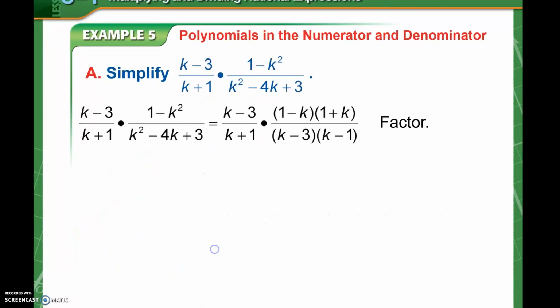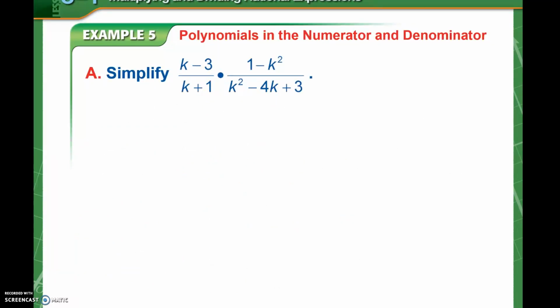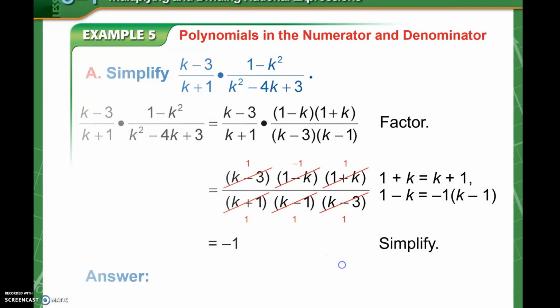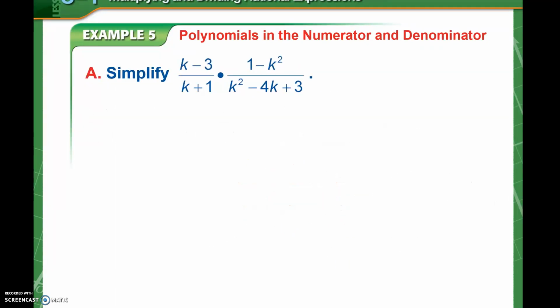So let's look at some polynomials. Same thing. Let's factor everything we can. So k minus 3 over k plus 1. I can rewrite this one as negative 1 times something, which would make it k squared minus 1.